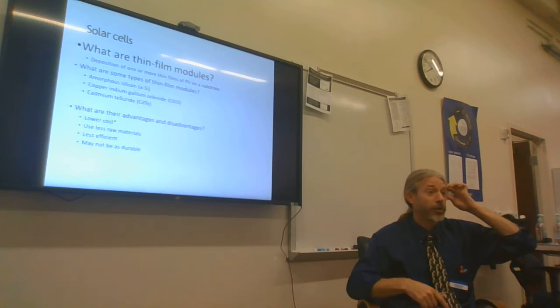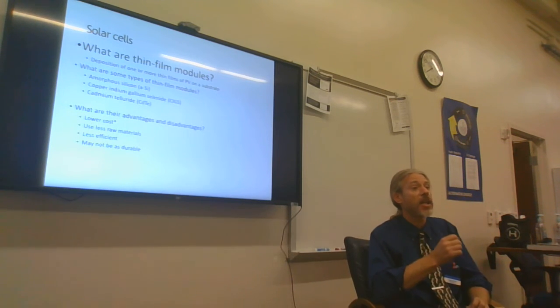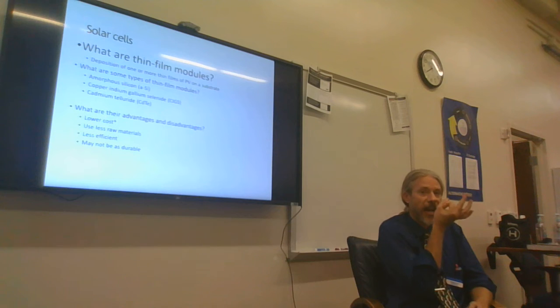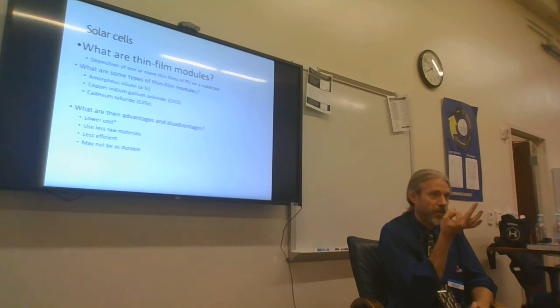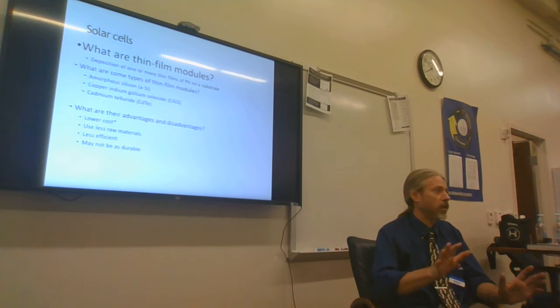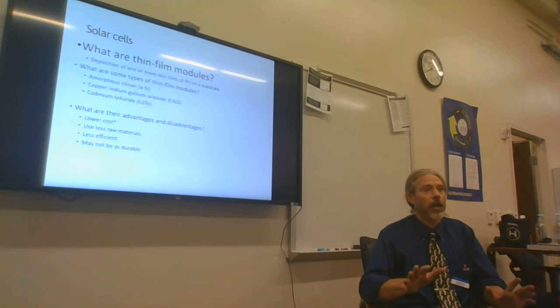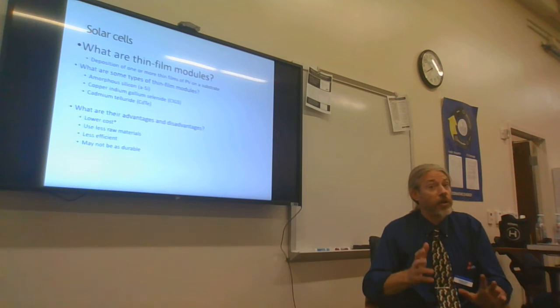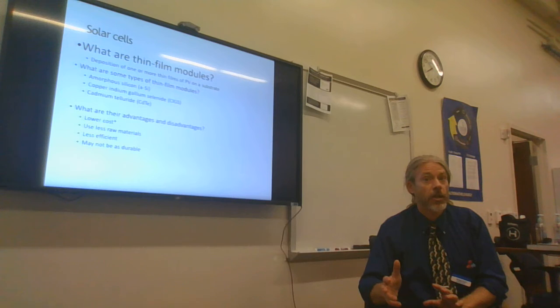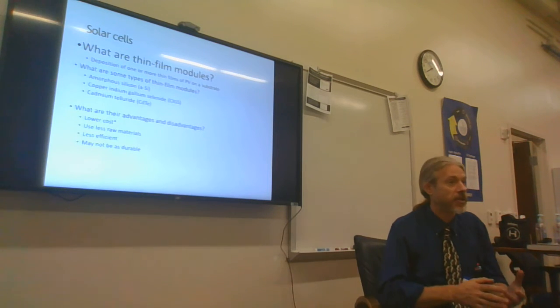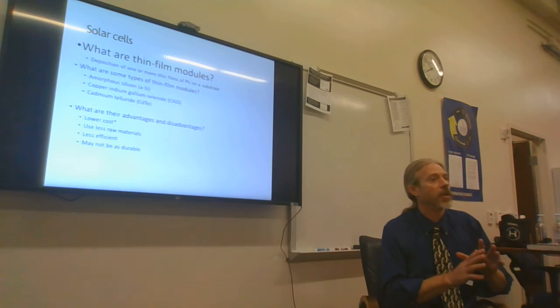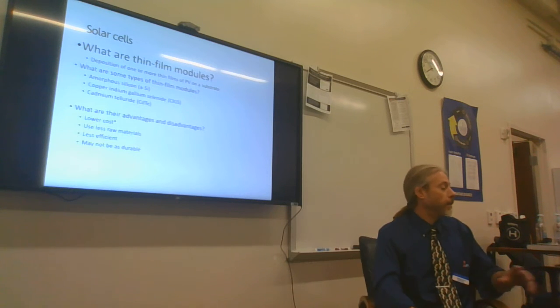You can put a bullet hole through it, and it will only lose the amperage equivalent to the area that it lost for the bullet hole size. Unaffected other than that. So there are some durability advantages to having amorphous or flexible solar panels.